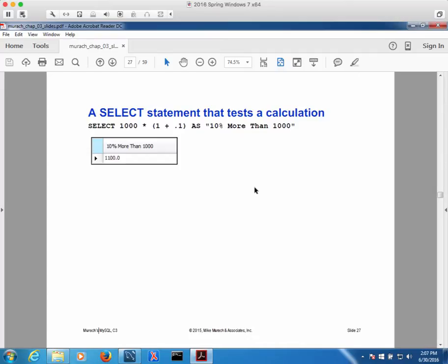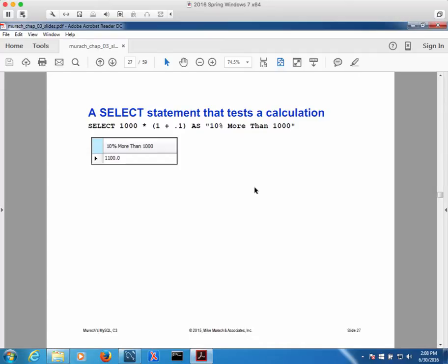Okay, now slide number 27 for me is kind of goofy because it is possible to, let's say we want to test a calculation, okay? So we don't really want to get anything from the database at all. We just want to have this calculation, 1,000 times 1 plus 0.1 as 10% more than 1,000.